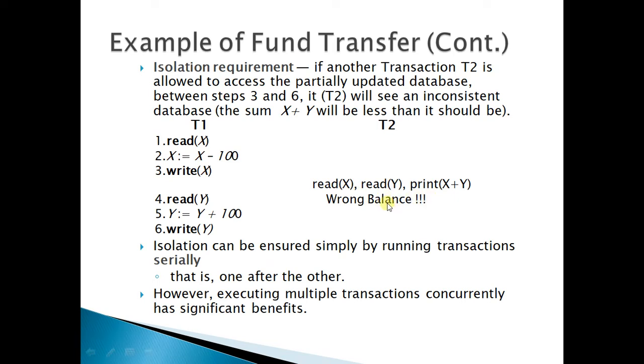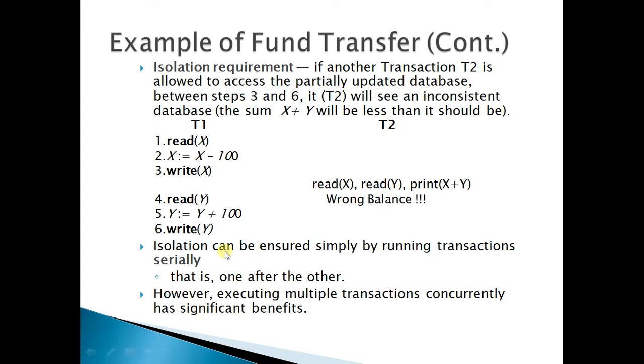So it will show a wrong balance. Suppose this has 500, this has 1000. Now it will become 400. And in between, the other comes, reads 400 and 1000, 1400. So where is the 100 rupees? So this should not be allowed. This is called isolation: the intermediate result should not be visible to other transactions.